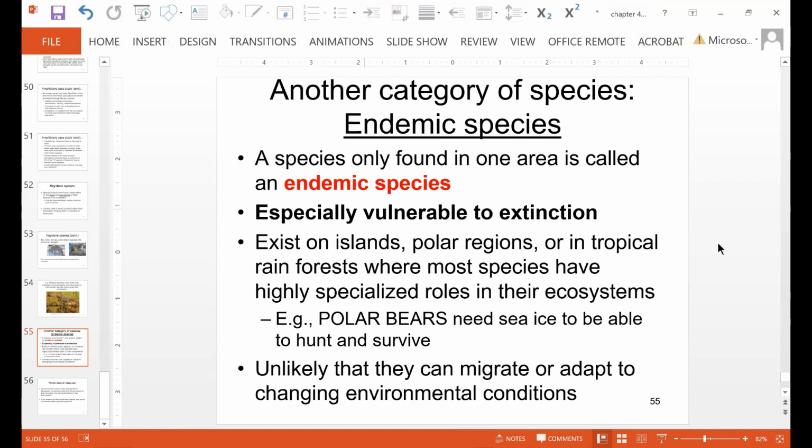For example, polar bears need sea ice to be able to hunt and survive. So they are extremely dependent on the survival of sea ice as global climate keeps on changing. It is unlikely that endemic species can migrate or adapt to changing environmental conditions.